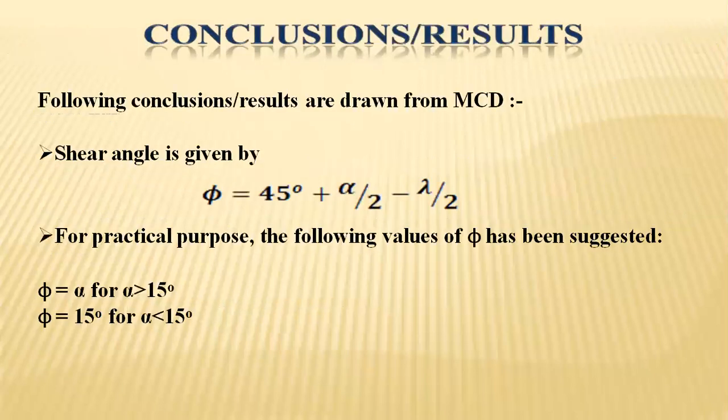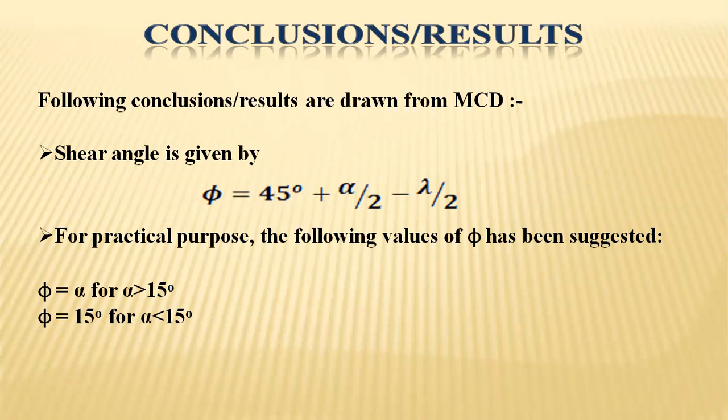And what we observe from these calculations is that the shear angle is given by the relation phi equal to 45 degrees plus alpha by 2 minus lambda by 2, that is the cutting angle divided by 2 minus the frictional angle lambda by 2.